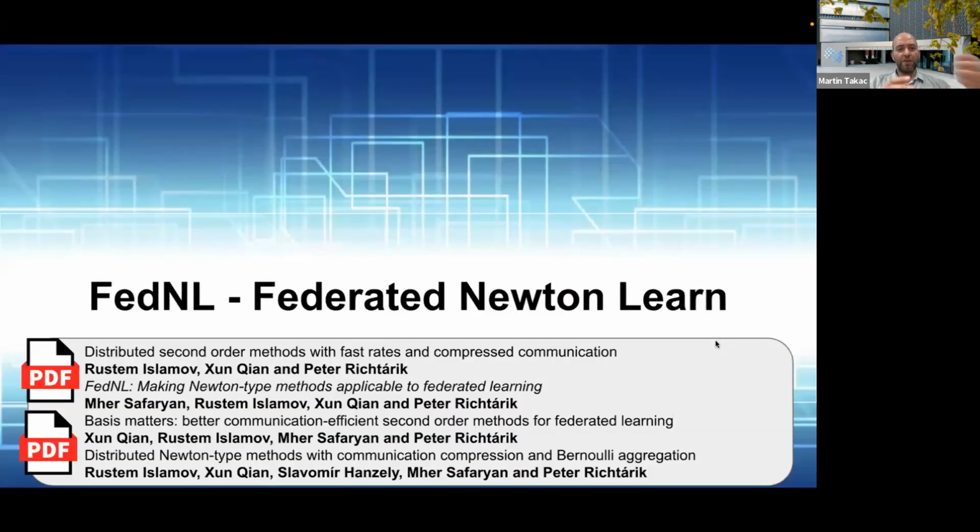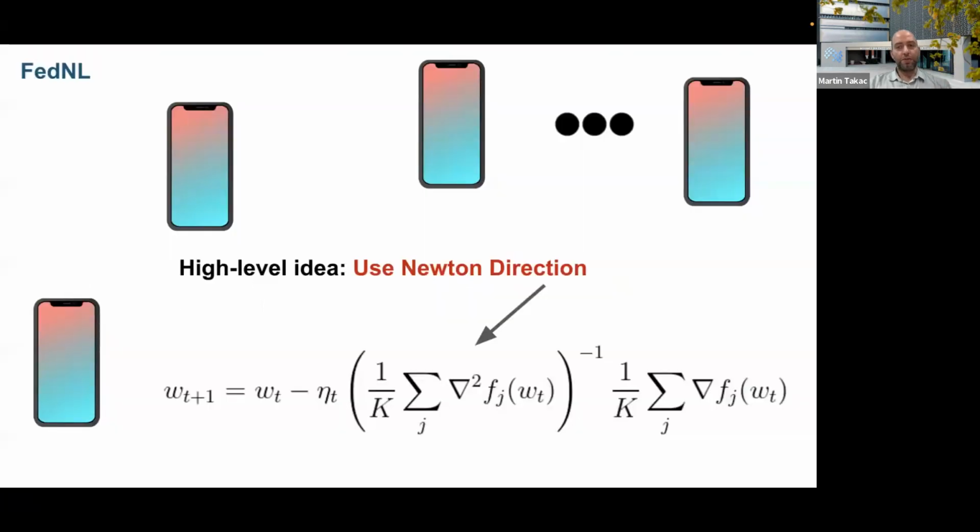So basically, what was the way to solve this problem? Actually, there's this line of research, very good papers from Peter Richtárik's group about FedNL, okay? I just mentioned only a few of them because I didn't want to have the whole slide filled with so many papers. But basically, the idea inside was, I still want to use this Newton direction, and I still want to basically compute the average of the Hessians on the devices inverse times the gradient, right?